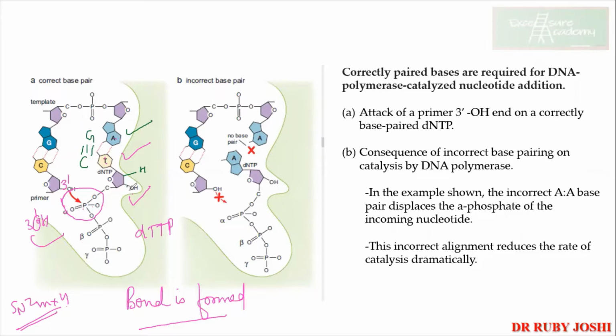Now, what is happening? This 3-OH should sit in this pocket here. So this is the second condition. Then only the 3-OH of your previous nucleotide from the primer is going to attack at the alpha phosphate. Okay. So yes guys, tell me, is it clear to you everything?